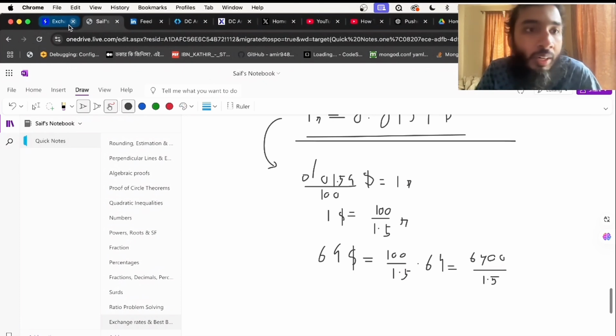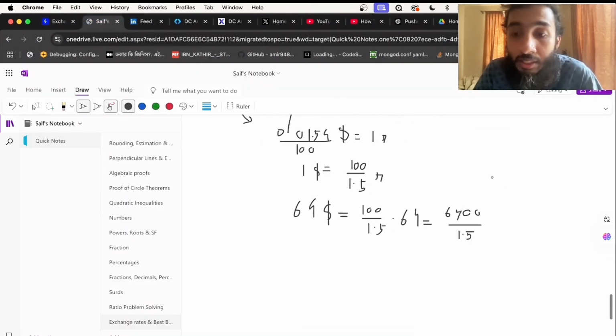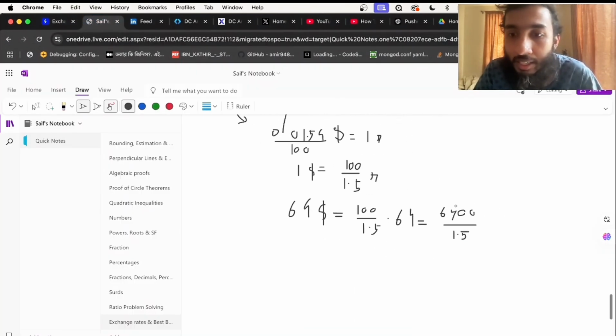Now what is required here is that I have to give the answer correct to the nearest 10 rupees. So in order to give the answer to the nearest 10, I'll assume 6400 as 6000, because 6000 can be easily divided by 1.5. If I assume it as 6000, 6000 divided by 1.5 would be 4000.